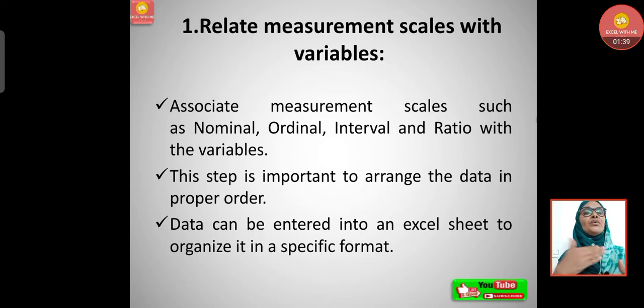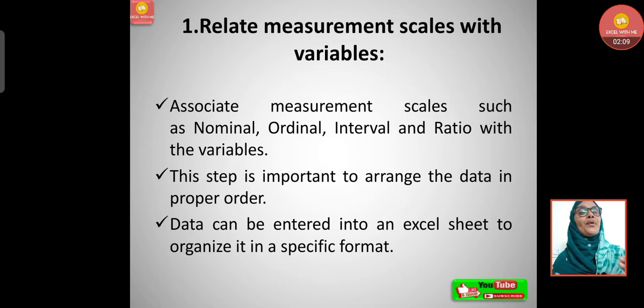So we have to associate these measurement scales with the variables which we are taking. For example, if I am taking academic achievement of secondary school students, how would be their emotional intelligence? Emotional intelligence is also a variable, academic achievement is also a variable. So I have to select some measurement scales to collect the data.